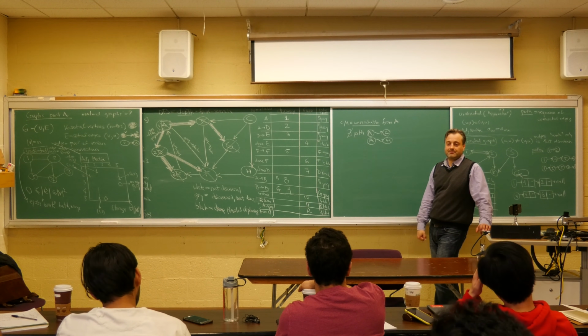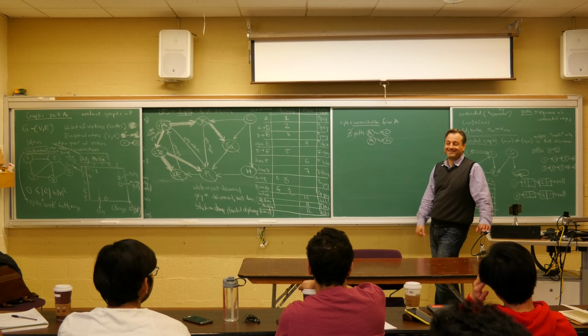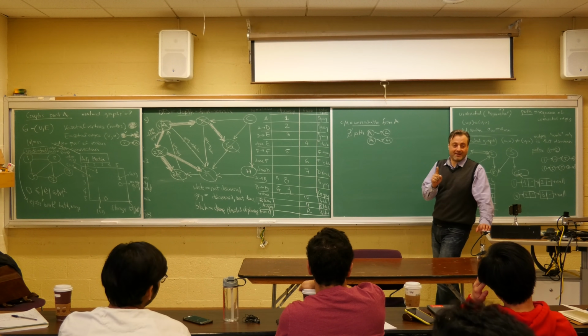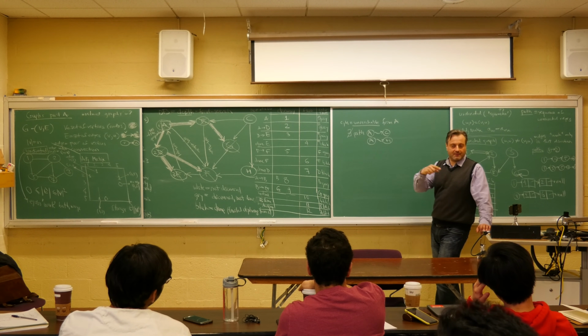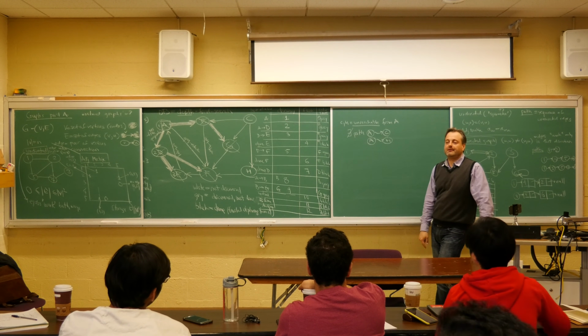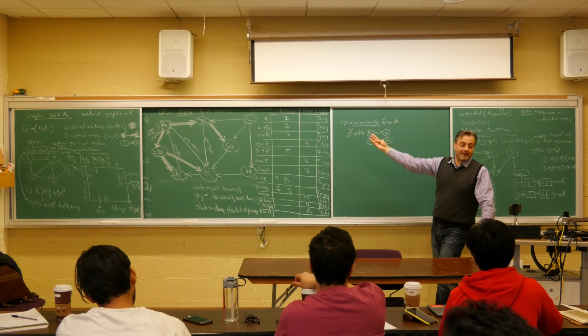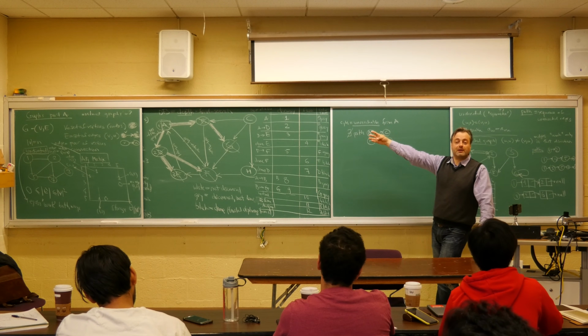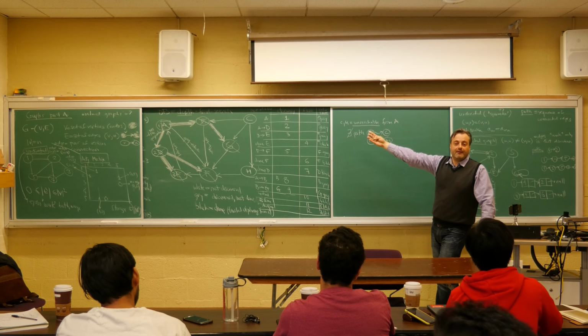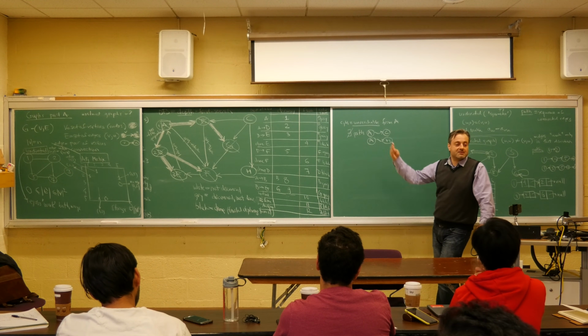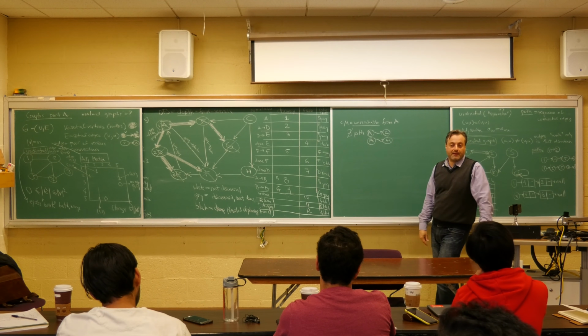Are you sure? If there is a path, can I guarantee DFS will find that path? Yes. So because I'm blocked, I'm done. I blocked A. The moment I block the original node means I'm done. And I didn't reach all the nodes means those nodes are not reachable from A.